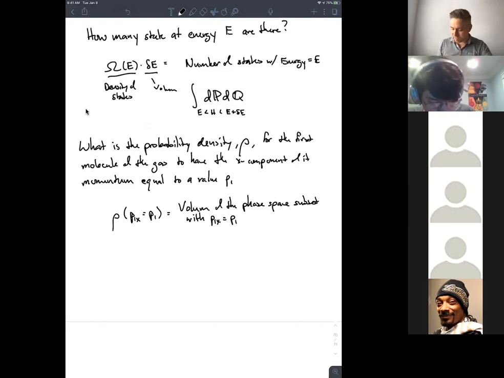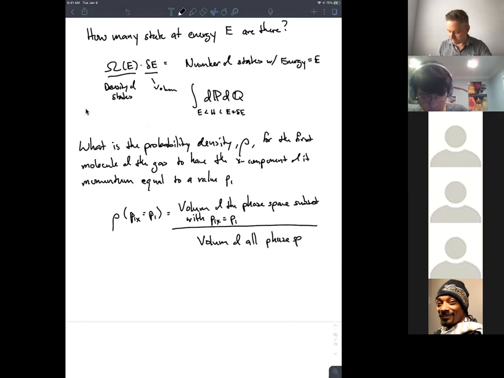And to make this normalized, we have to divide by the volume of all phase space. The last couple lectures we went through this and derived what this is.